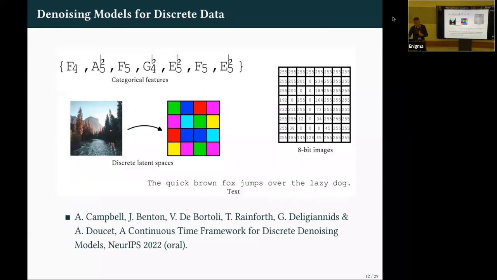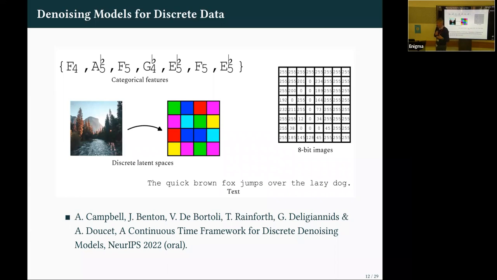Another thing we looked at was how to use that for discrete state spaces. Why is it important? First, when you think of images, it's not really in R^d because pixels have RGB levels set between 0 and 255, so it might be interesting to consider the discrete setting. We have examples in music generation in our paper and, importantly, text.